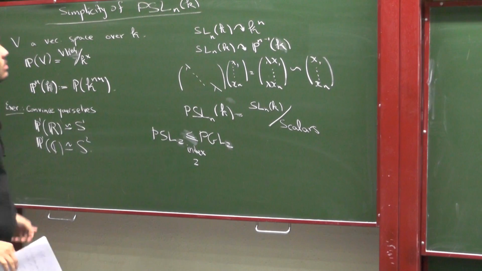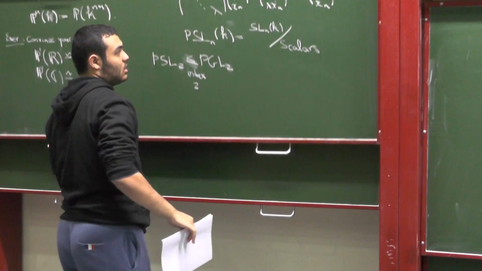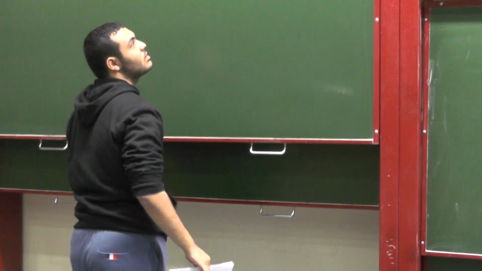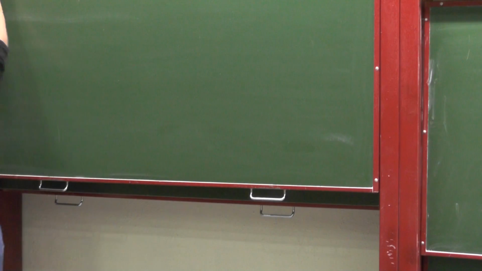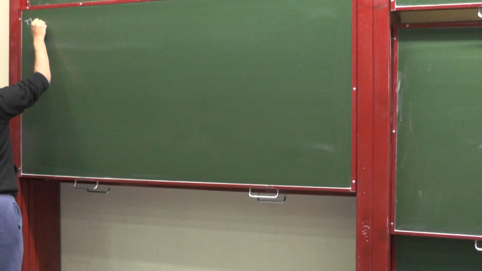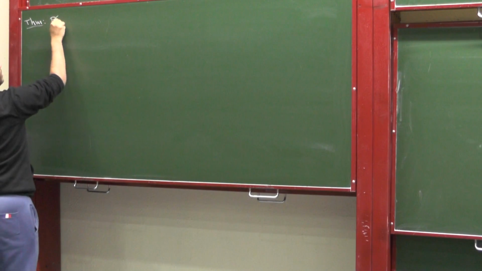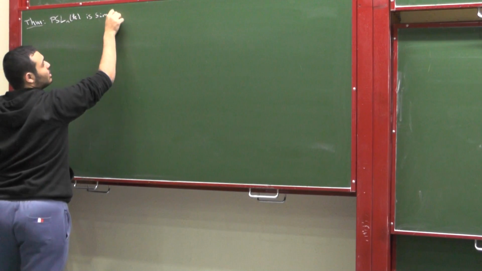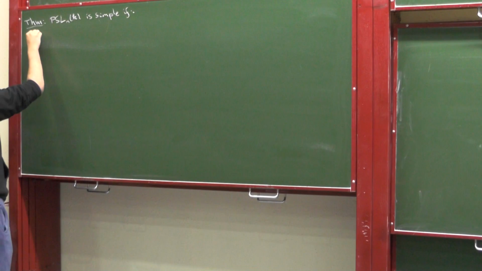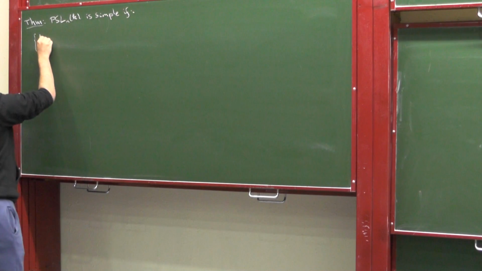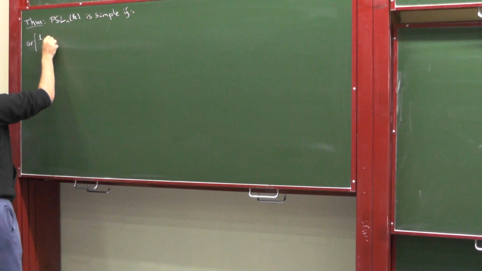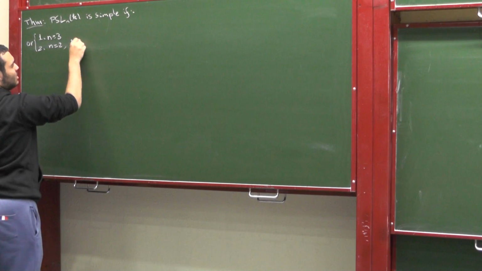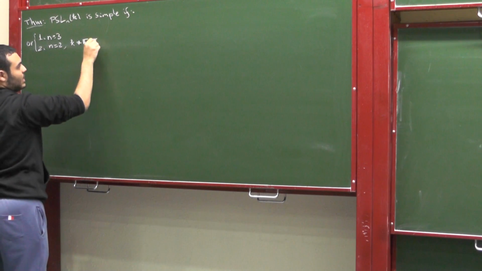Okay, for what we're going to do today, the theorem: PSL_n(K) is simple if one of two things holds, either n is at least 3, or n is 2 but K is not the field on 2 elements nor the field on 3 elements.